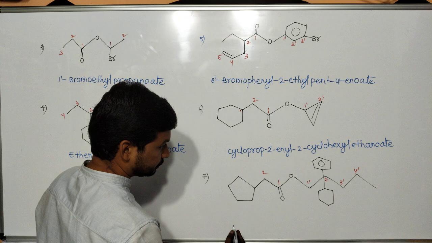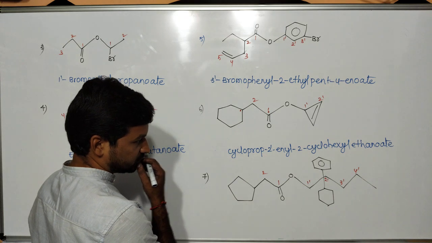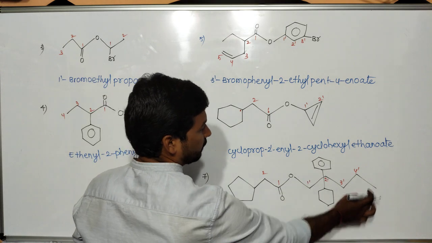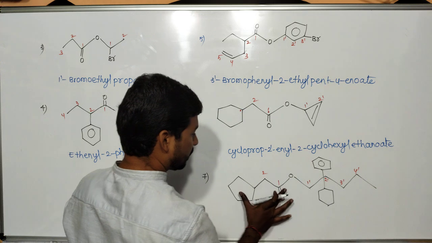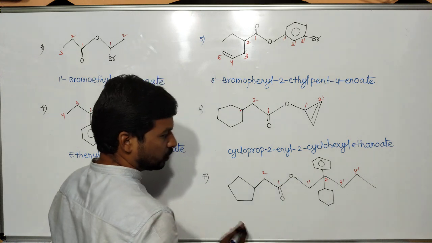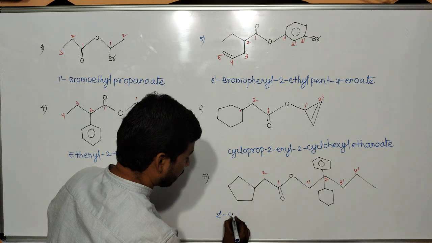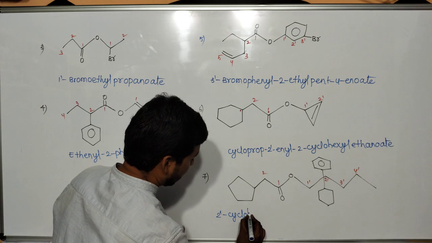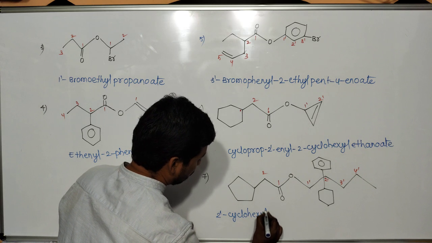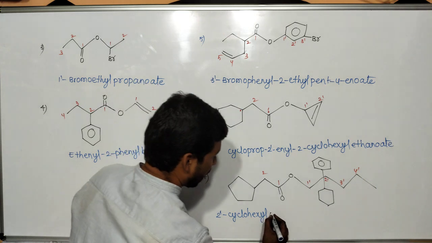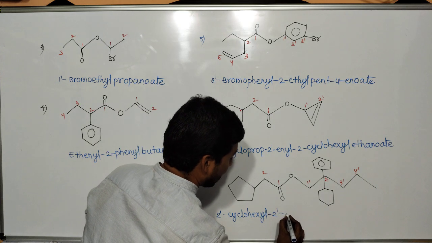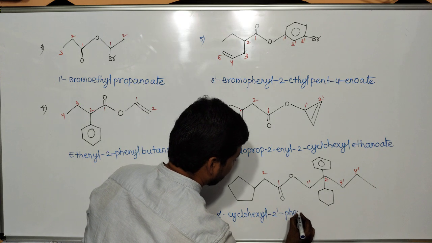What is that? First the substituent name, the complete substituent here, then come to here. So 2 prime cyclohexyl and 2 prime phenyl.